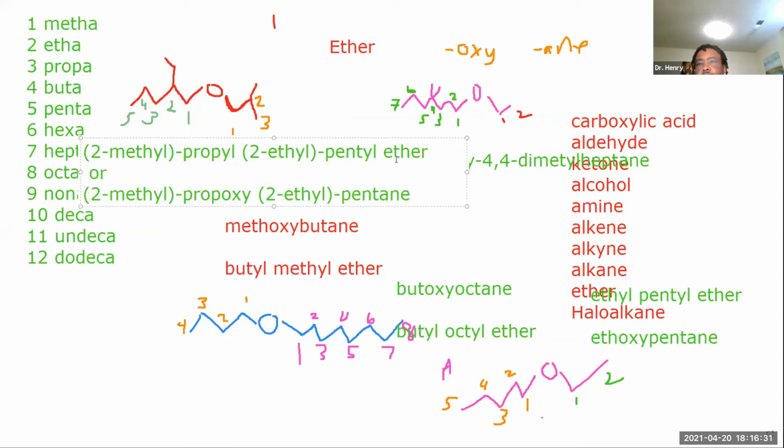I have a tendency of using the ether because it's easier for me to remember. Both of them are acceptable. Both of them are used.